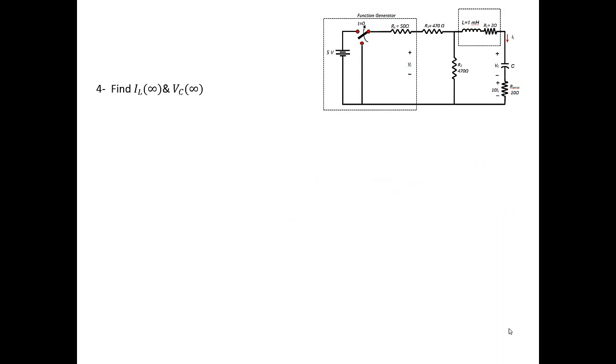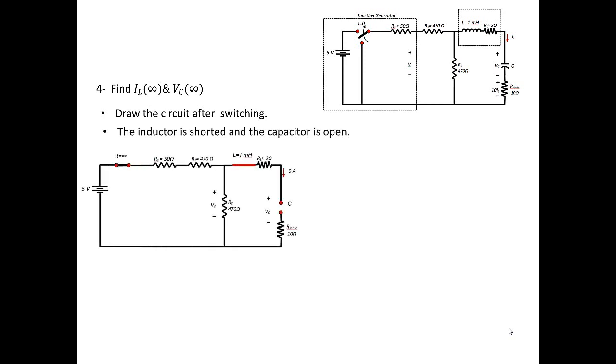Now we need to find IL and VC at infinity. To do that, we know that at infinity, the inductor is going to be a short circuit and the capacitor is going to be an open circuit. So we draw the circuit after switching for t equals infinity, and the inductor is shorted and the capacitor is open. This is the circuit.